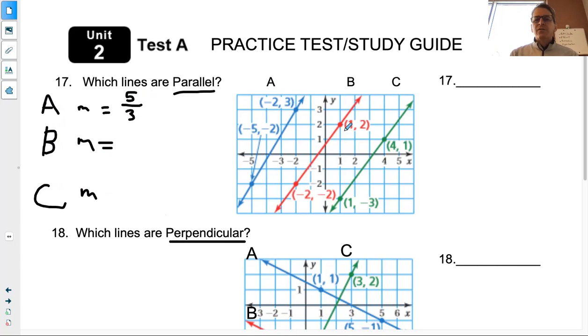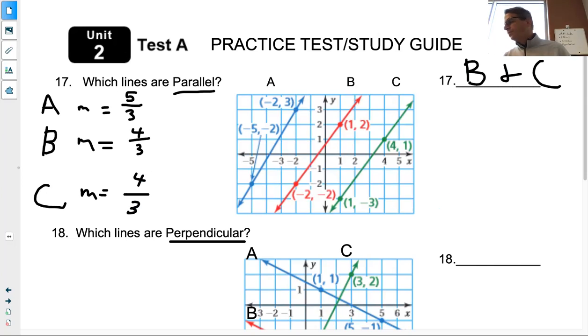The slope of B is 4/3, and the slope for C is 4/3. So the two lines that are parallel have the same slope, which would be B and C, your answer for 17.